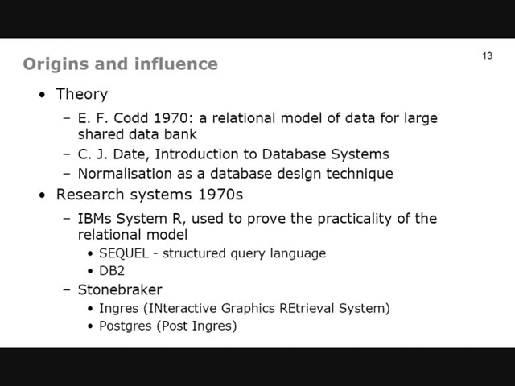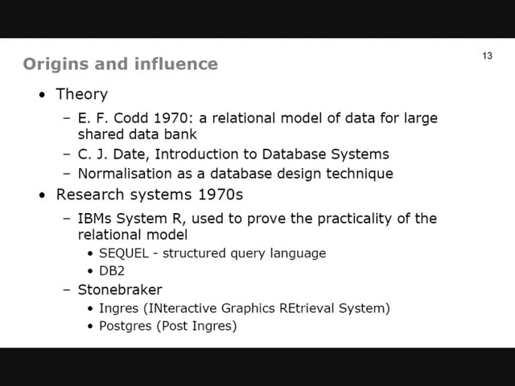And you find that other people like Date worked on it. He wrote a book which has been quite influential in database systems. And Codd later on worked on things like normalization, which was making relations better in terms of defining very desirable properties of a relation. And all of this started to transpire into research systems in the 1970s.